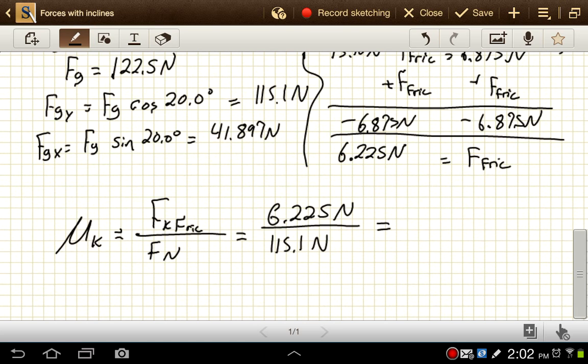Okay, so the 6.225 divided by 115.1, and we get 0.054. So a very slick ramp then, I guess.